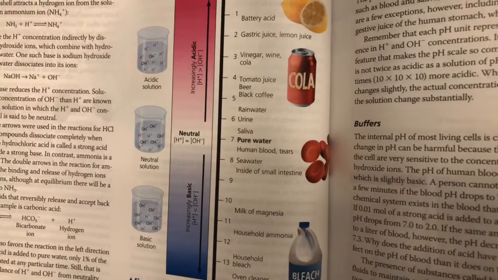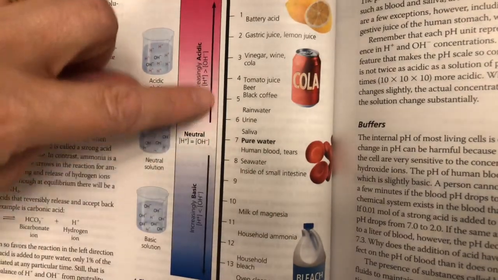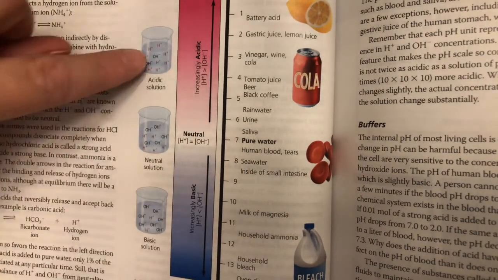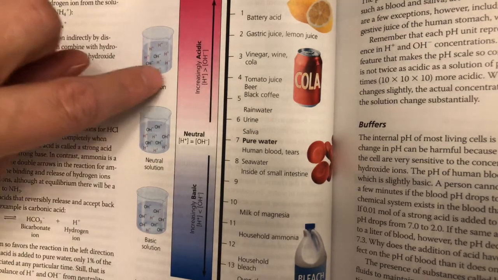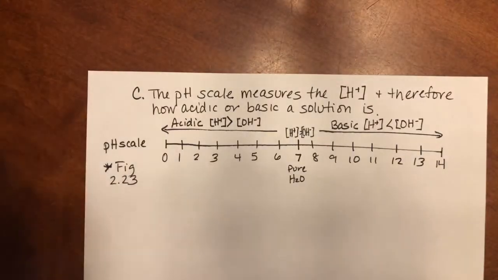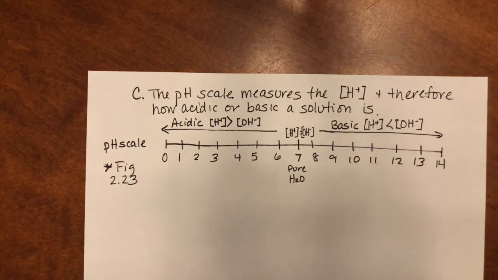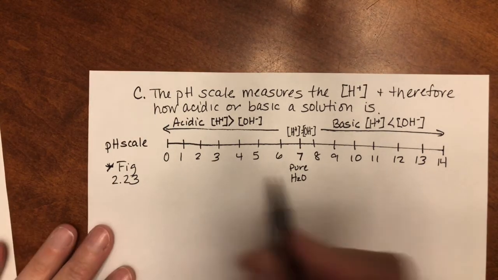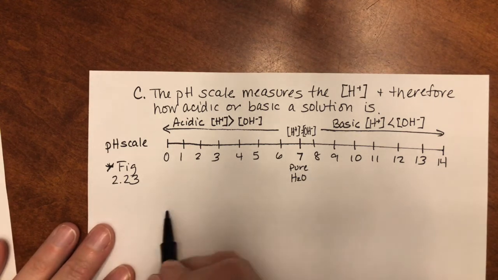I like this picture because it draws what we just talked about, but also gives you a visual in terms of concentration of H pluses and OH negatives. So that's for your reference when you look in your textbook to study. Now let's talk about this pH scale, what the numbers mean.